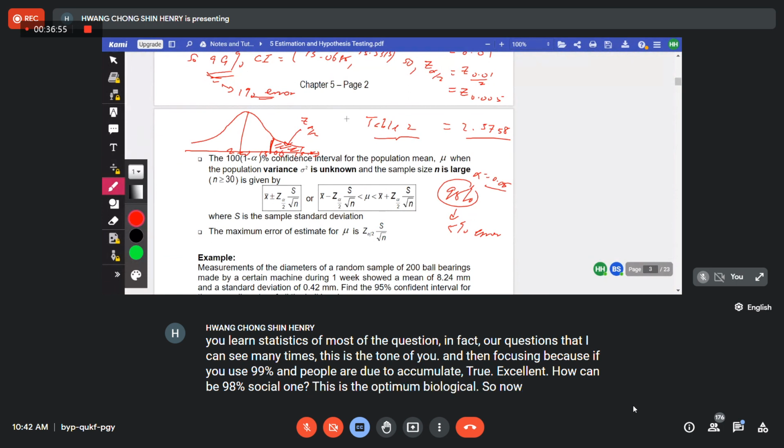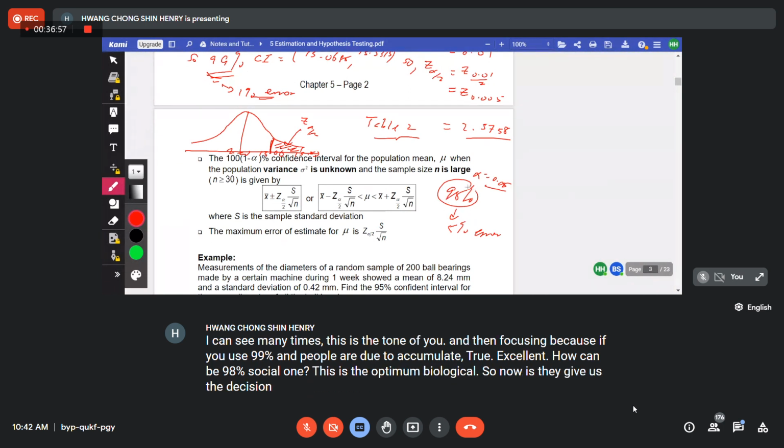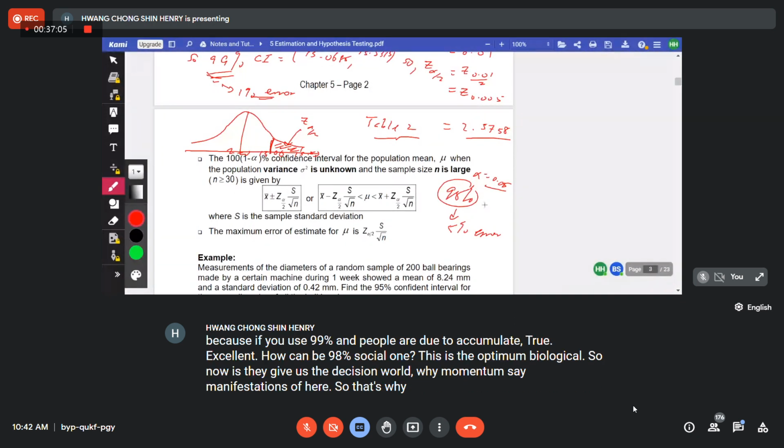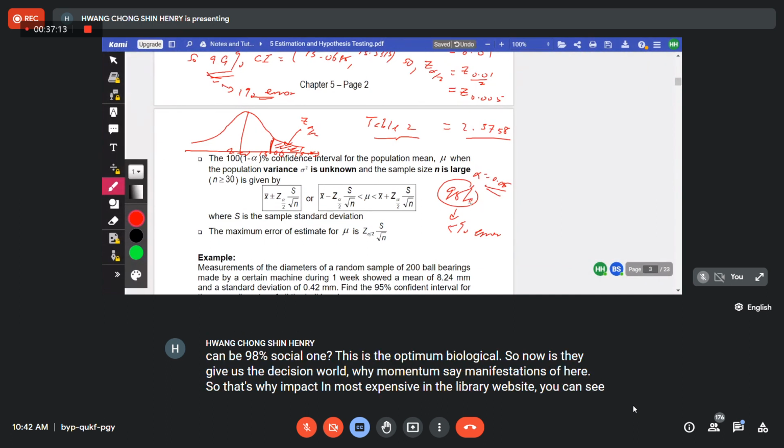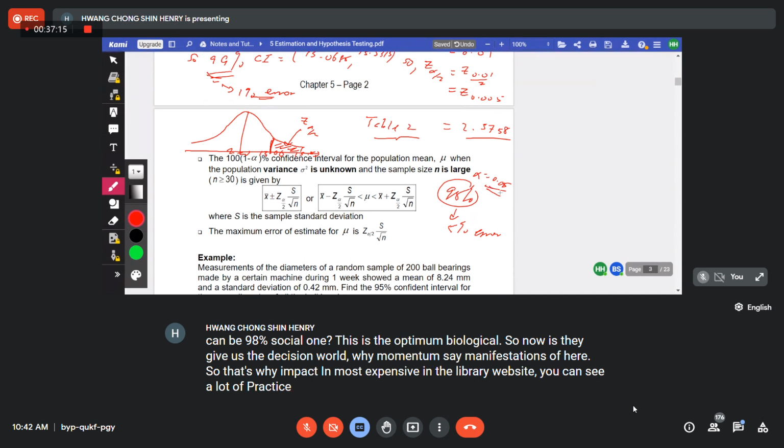So now statisticians worldwide agree to take 95%. In layman's terms, 95% is okay, 5% error. That's why in a lot of questions you see this. In fact, in most textbooks, in the library, on websites, you can see a lot of writers use alpha 0.05. Okay? Enough.